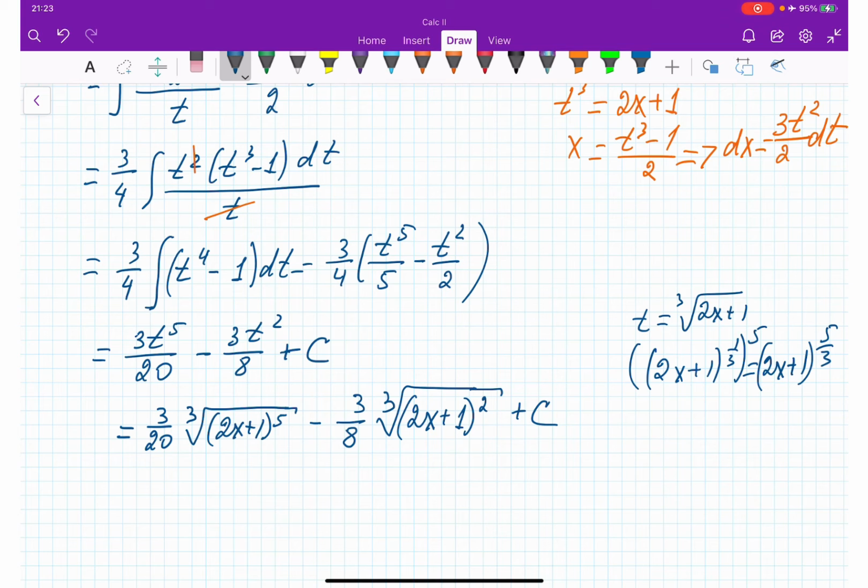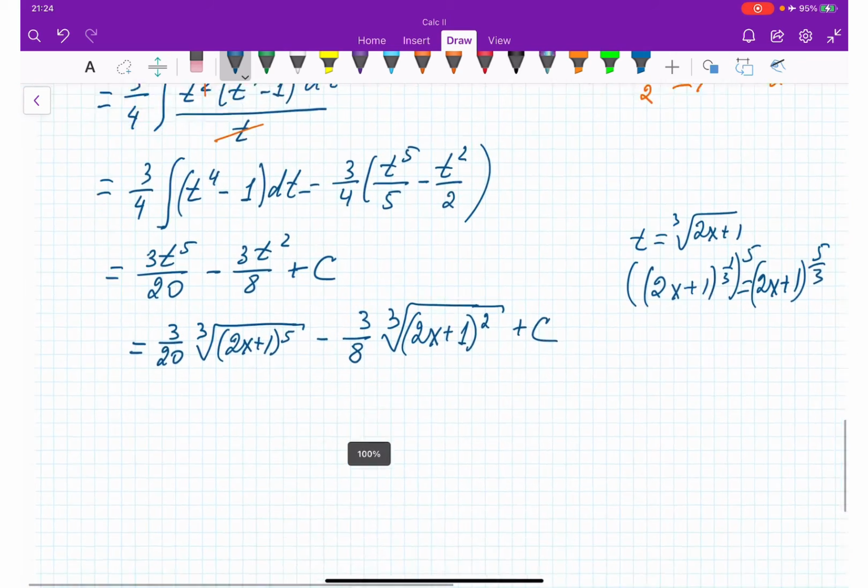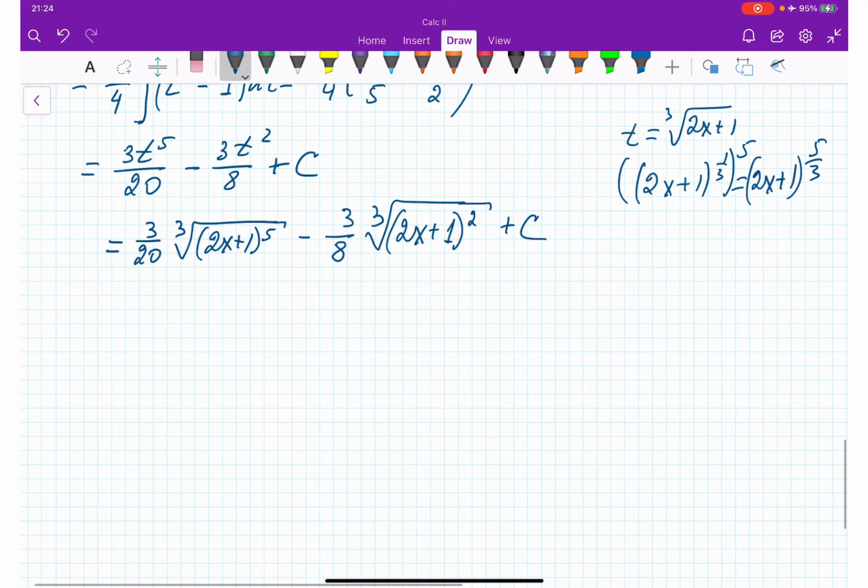And I'm going to solve next integral of the form sine cosine. Remember in my previous video I marked down that radicals can be brought down to integration by partial fraction.